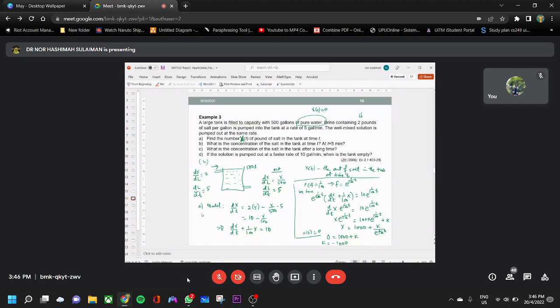In another case whereby the rate of the solution that goes into the tank is lower as compared to the rate that goes out, apa akan menjadi? The volume of the solution in the tank will be decreasing. So bila decreasing, dia akan tolak kat situ. Boleh faham yang tu? So kita ada 3 main cases that you need to consider.